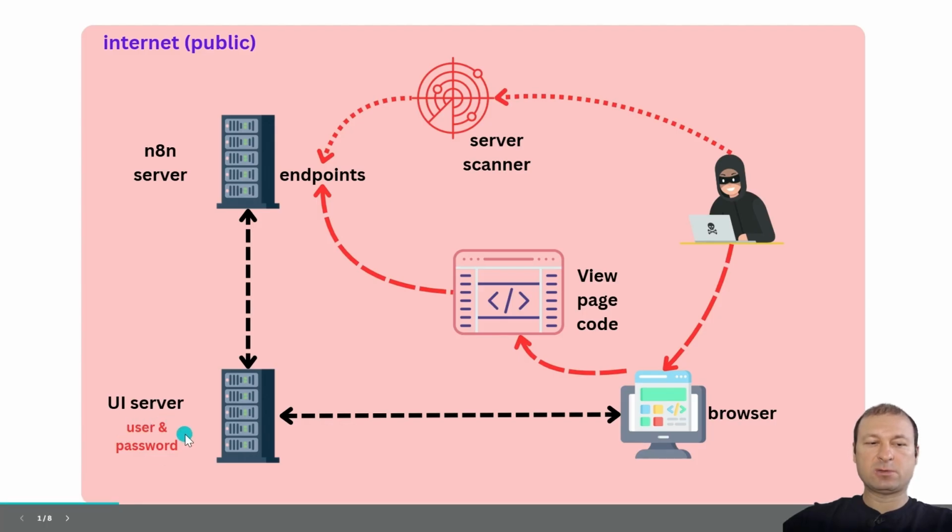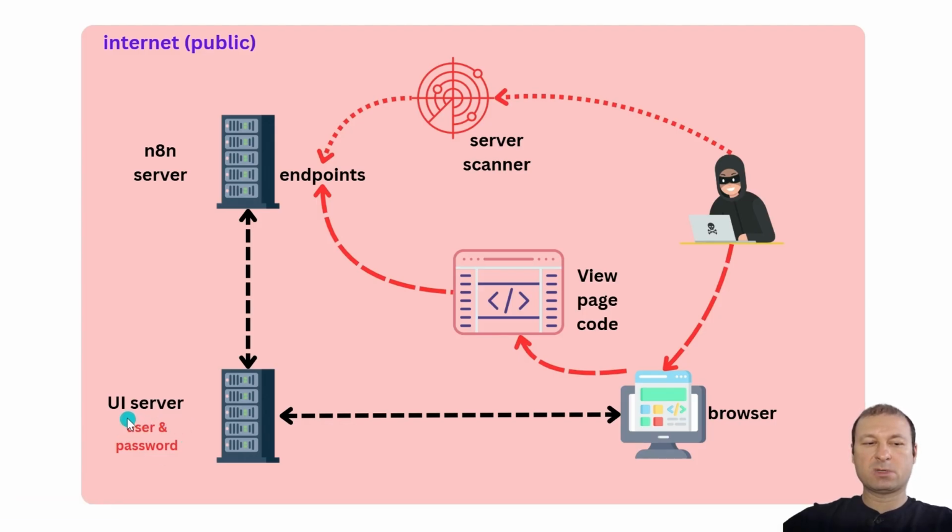And just imagine some developers don't even protect the UI server with username and password. Maybe because doing so requires them to have an authentication module with a database in the backend to hold the users and their passwords. But even so, with only a simple Nginx configuration, you can protect your UI with username and password.